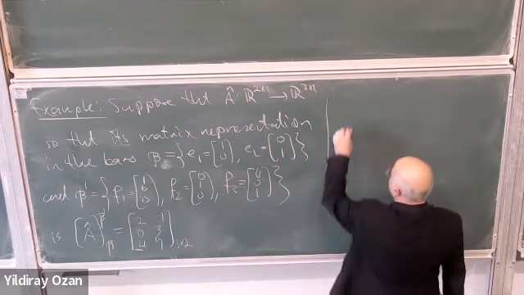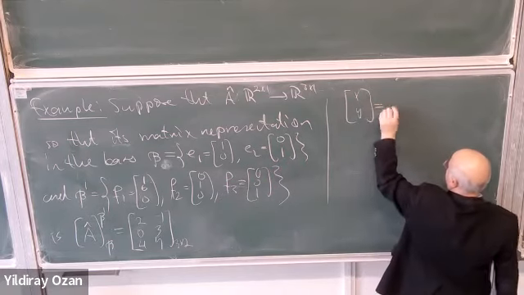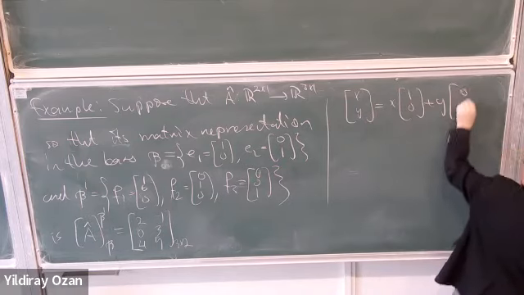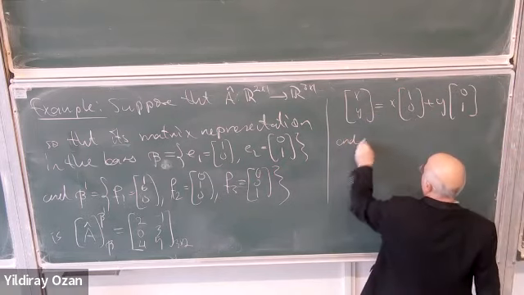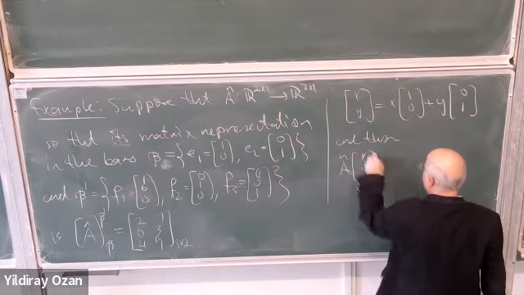how this is given. So if I choose (x, y) to be just x times (1, 0) plus y times (0, 1), and thus h of (x, y) is what?